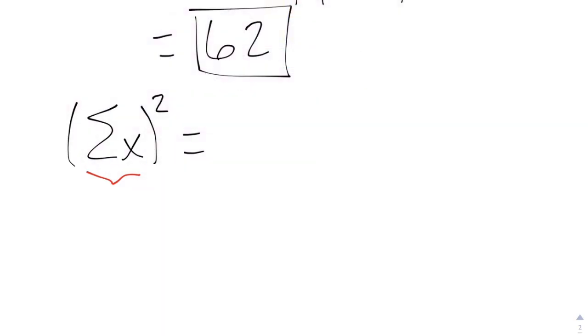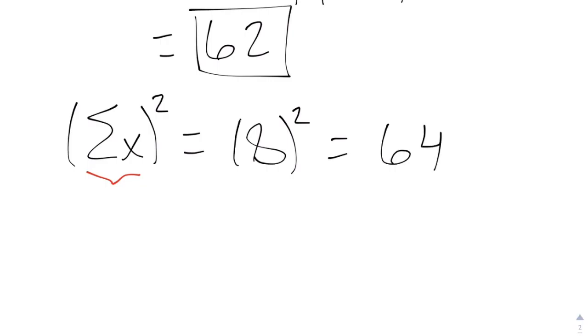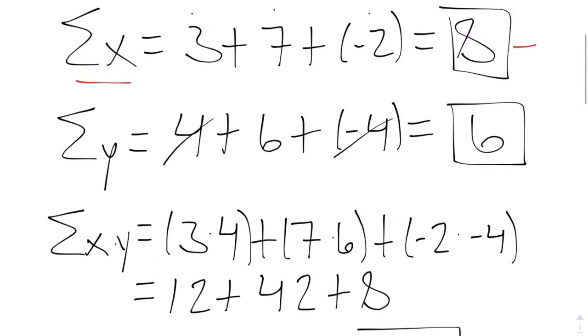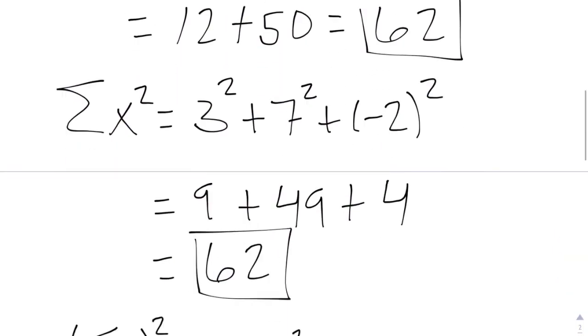So we're just going to plug in 8 and square it. 64. Okay? So we have all of our points there. And now we plug them into the formula. Okay? And we're just going to do it one at a time.